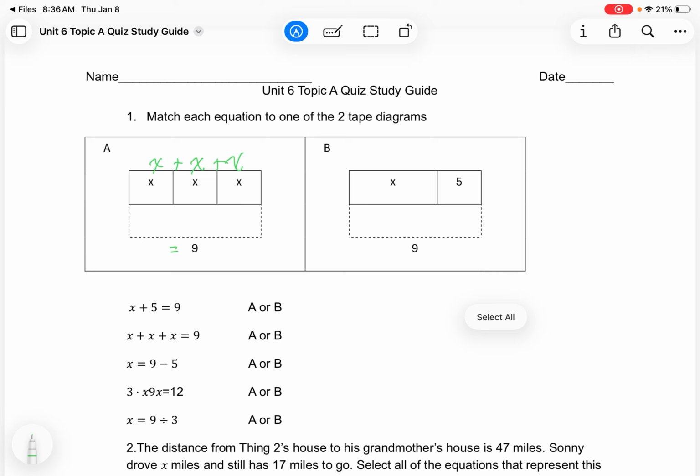There's a typo there, that's a mistake on mine. So that would be A. Well, 1x, 1x, 1x, that's 3 x's. So 3 times x equals 9. That's this one.